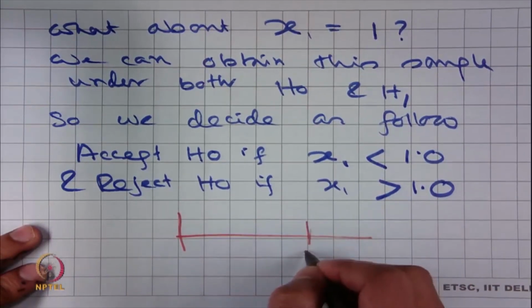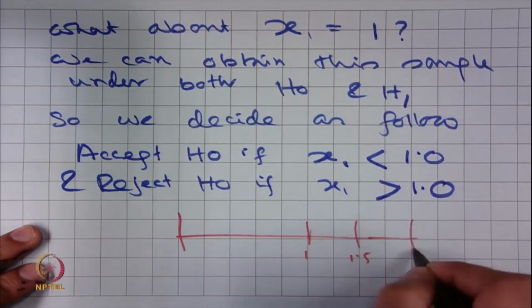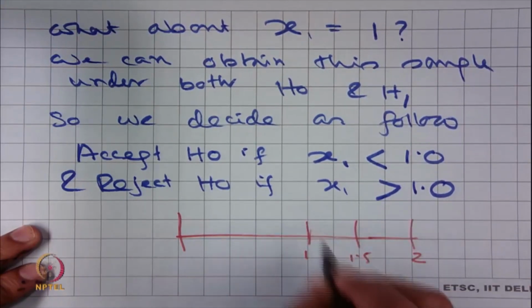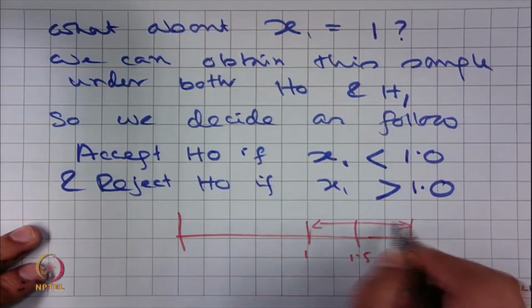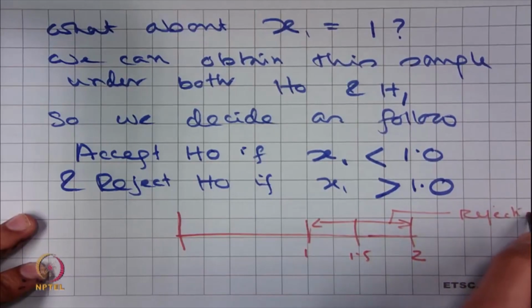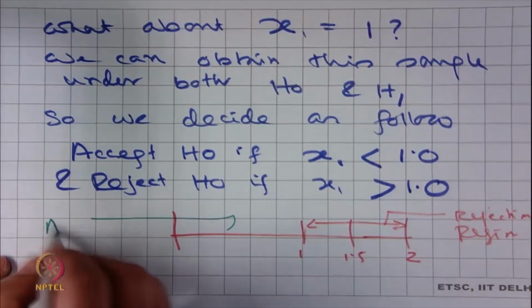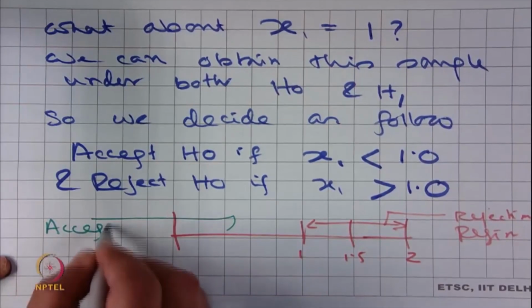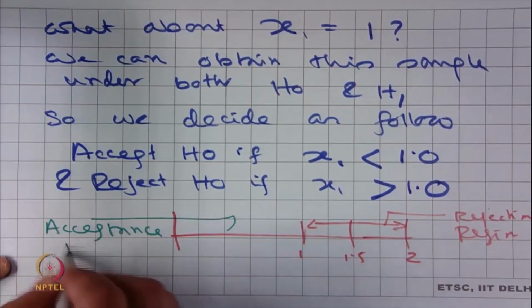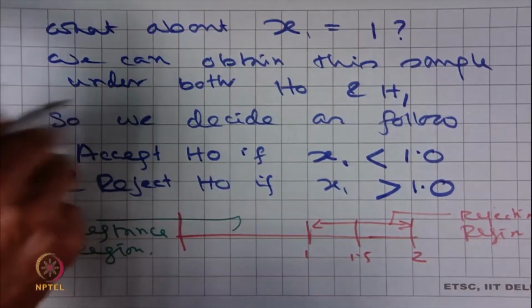That is, if this is 1, this is 1.5 and this is 2. So, this is my rejection region, and this is the acceptance region. So, what are the probabilities of the errors?